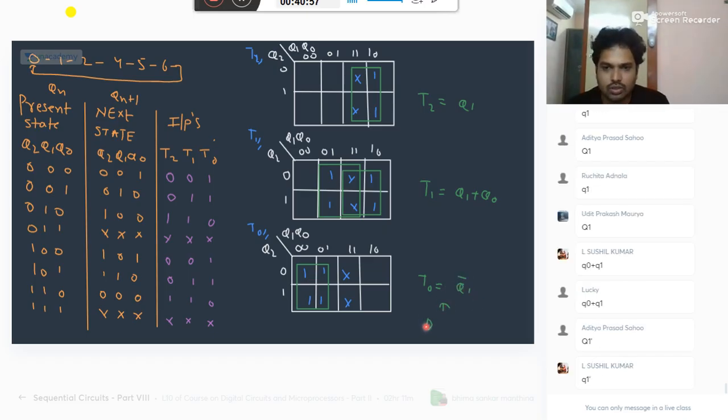You can draw the circuit now. Taking 3 flip-flops.